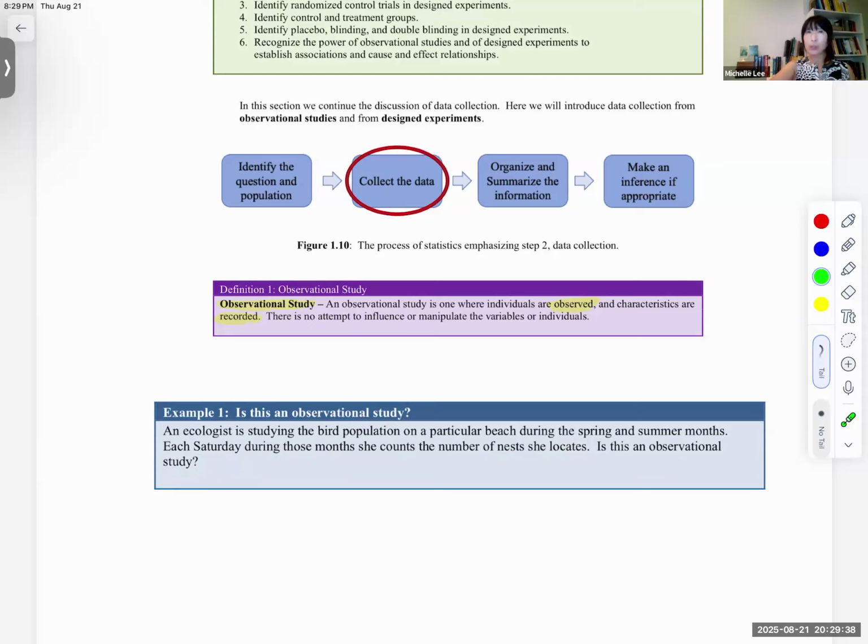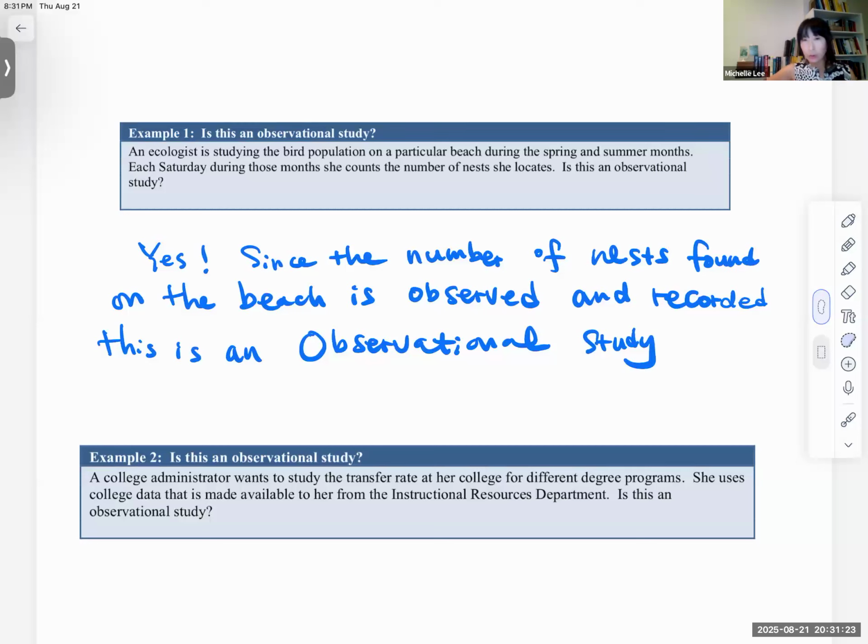Yes, just observe and then record how many nests there are, right? Okay, let me write down. I wrote down yes, since the number of nests found on the beach is observed and recorded. This is an observational study.